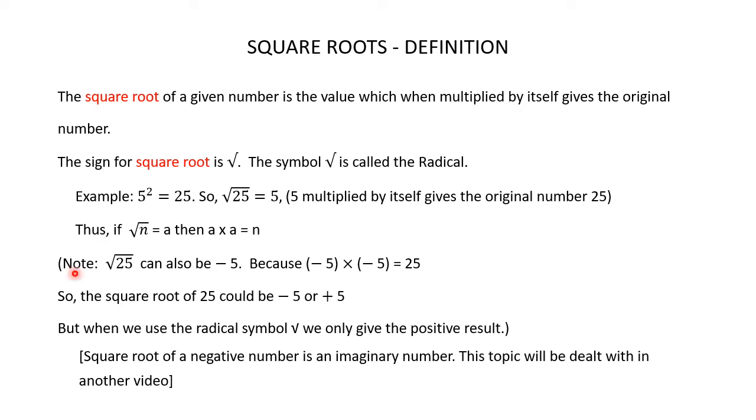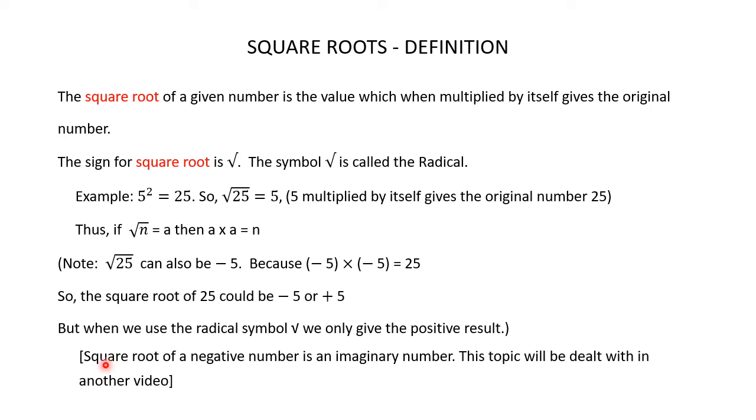Now you have to remember that the square root of 25 can also be minus 5, because minus 5 multiplied by minus 5 is also 25. So the square root of 25 could be either minus 5 or plus 5. But when we use the radical symbol, we only consider the positive number.